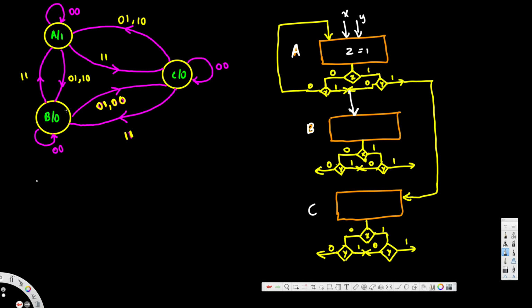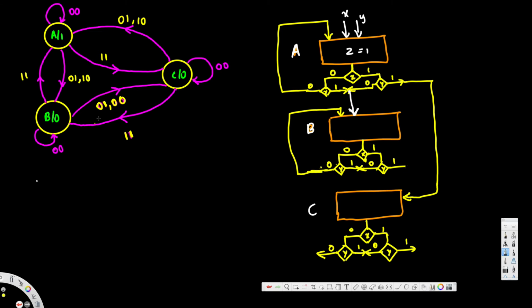Then let's see what are the things that go from B. From B, 0, 0 goes back to B again. So let's put it right here. B back again. We can avoid this arrow.